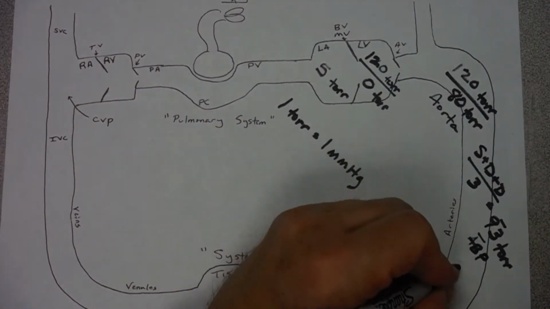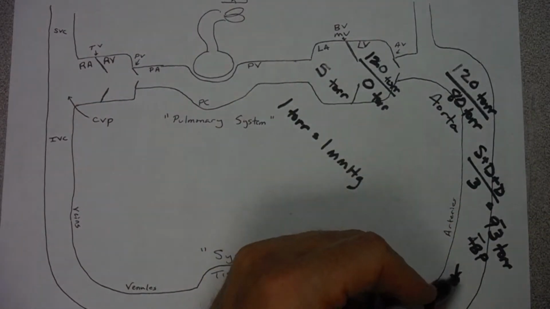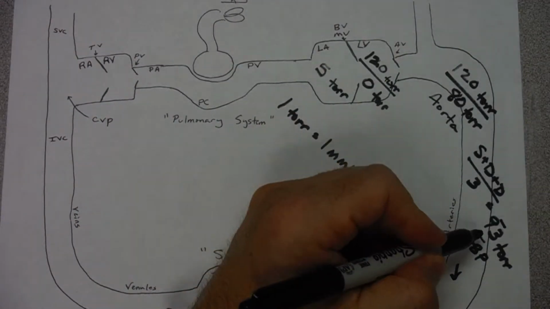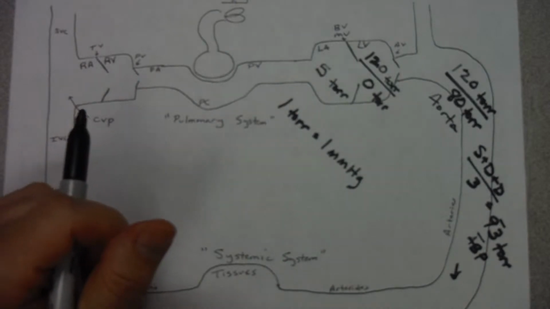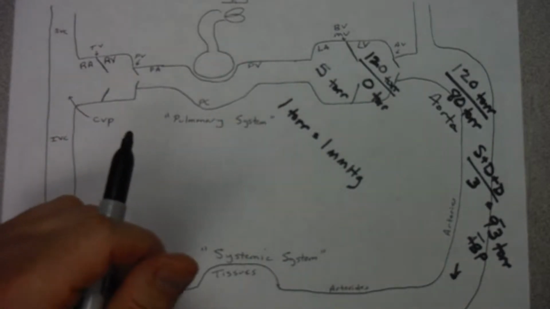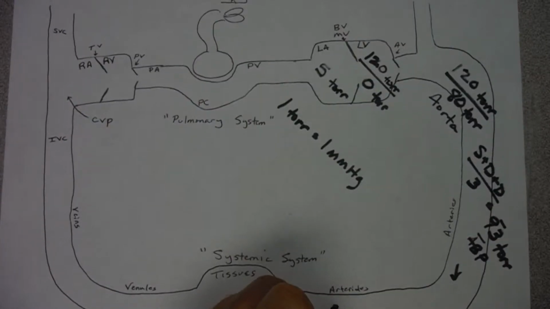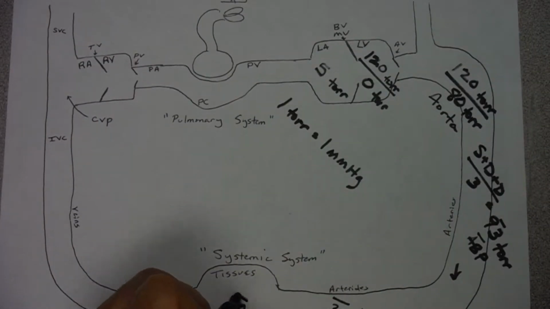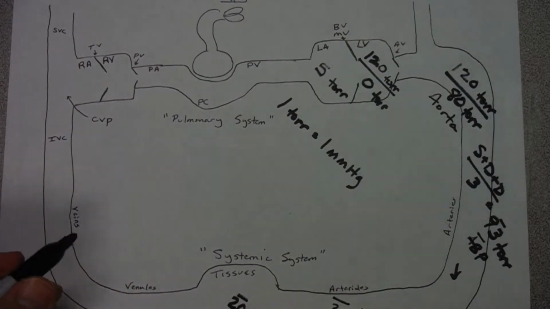That pressure continues to decrease because when we get into the smaller vessels, such as the arterioles, we can't sustain a high pressure because that would rupture those very fragile vessels. So the pressure continues to decrease, and the value that we generally accept for the arterioles is roughly around 30 torr. Here in the tissue bed of the systemic circulation, 20 torr, just as an average number.